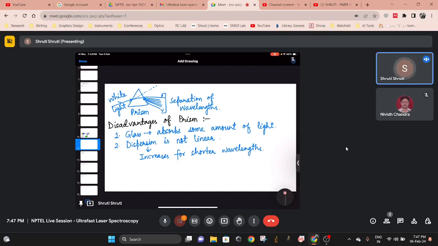And one more thing can be the refractive index difference. The light can experience different refractive indices based on the wavelength.